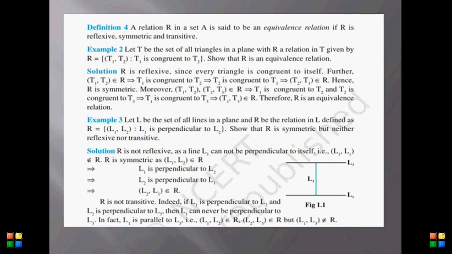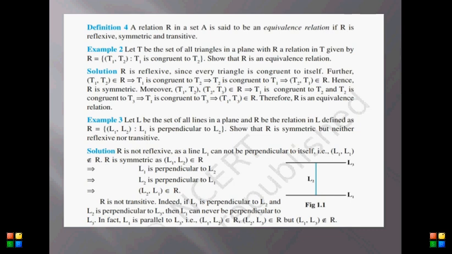Example 2. Let T be the set of all triangles in a plane, and R a relation in T given by R equals (T1, T2) such that T1 is congruent to T2. Show that R is an equivalence relation. Solution. R is reflexive.